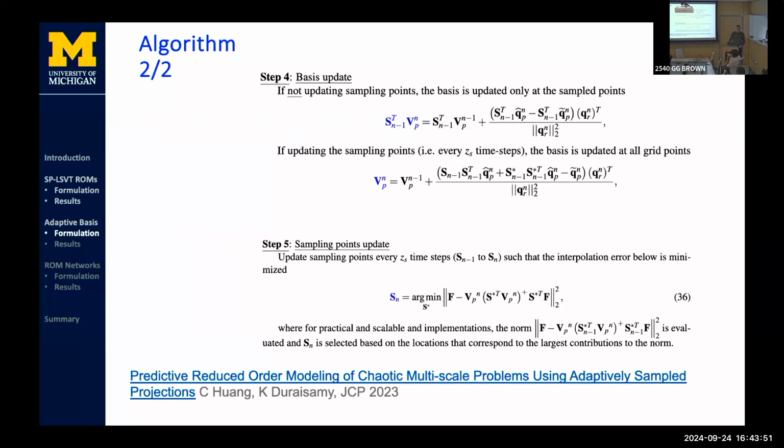What's the complexity of finding this S? For practical and scalable implementations, we actually don't solve that problem. We basically just pick the few points where the residual is maximum. Ben Peherstorfer has an efficient algorithm to do that in order K time or something.